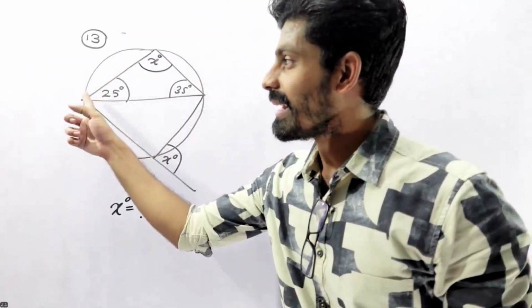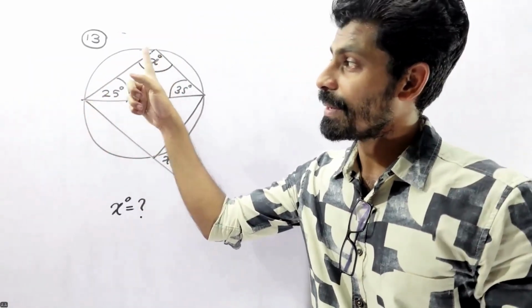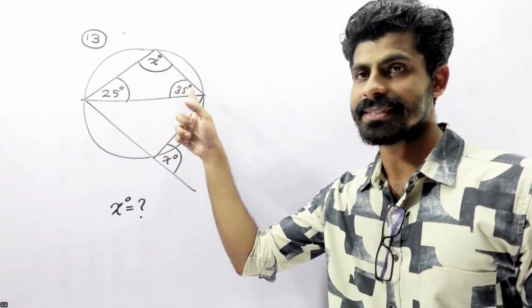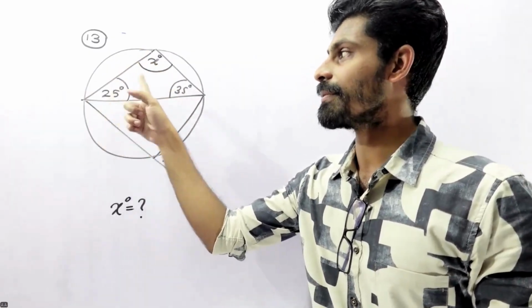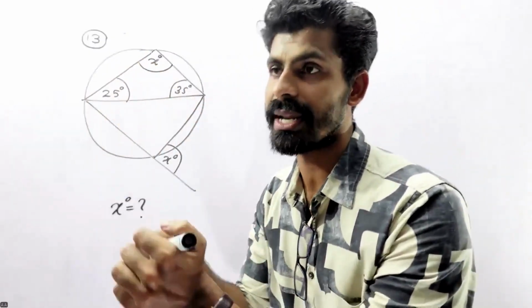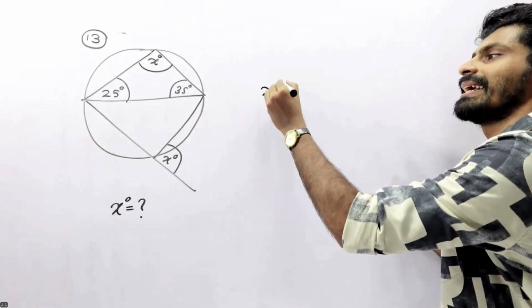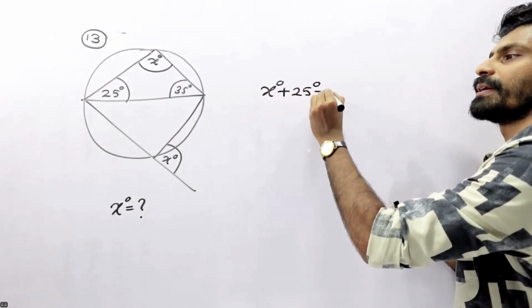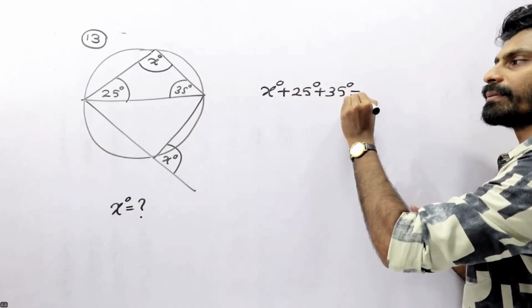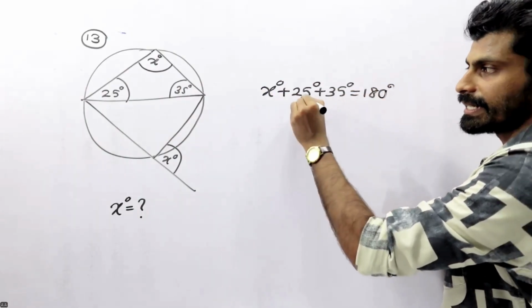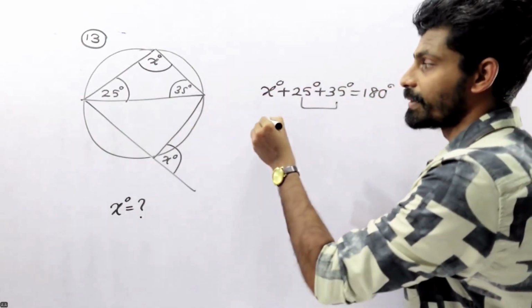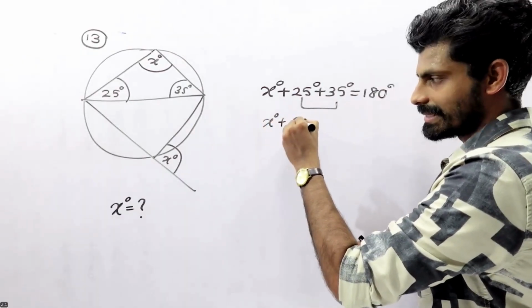Now very easy. So we can write down x plus 25 plus 35 equals to 180. 25 plus 35 equals to 60.